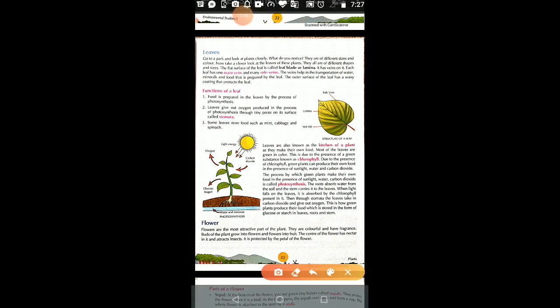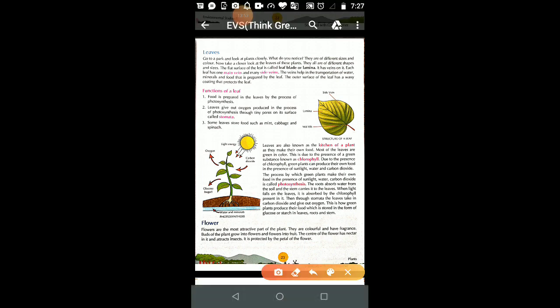See student, this is the structure of a leaf. When you observe the leaf, what will you see? You will find patterns of lines on the leaf blade, or you can say on the lamina.